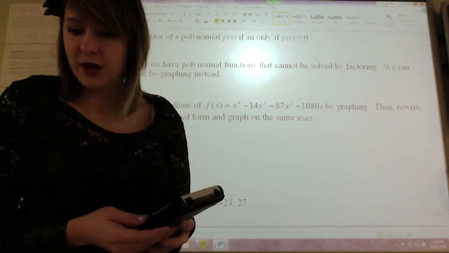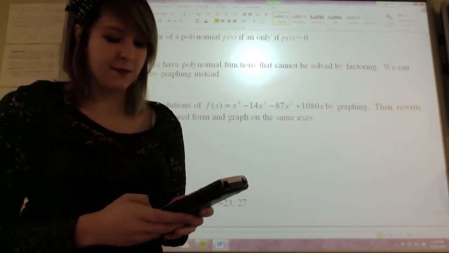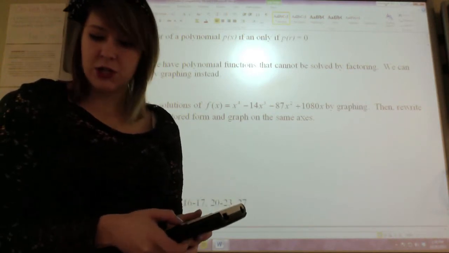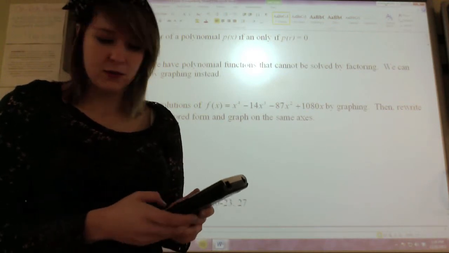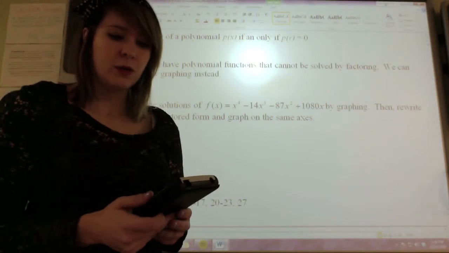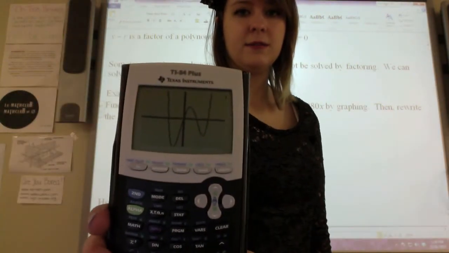For this one, I'm going to change my X values to go from negative 25 to 25. I'm going to change my Y values to go from negative 5,000 to 5,000. So once I do that, I get a graph that looks like this.